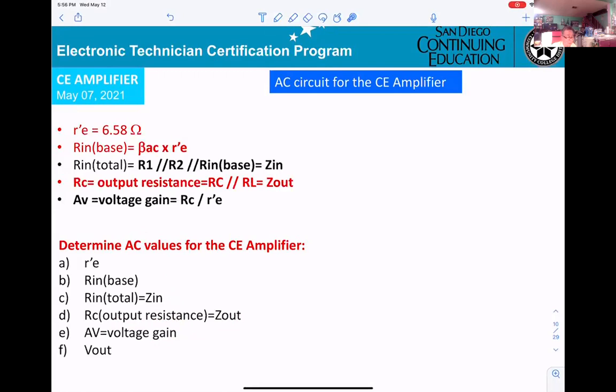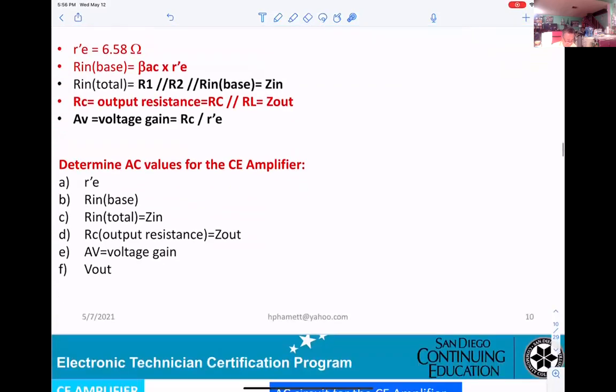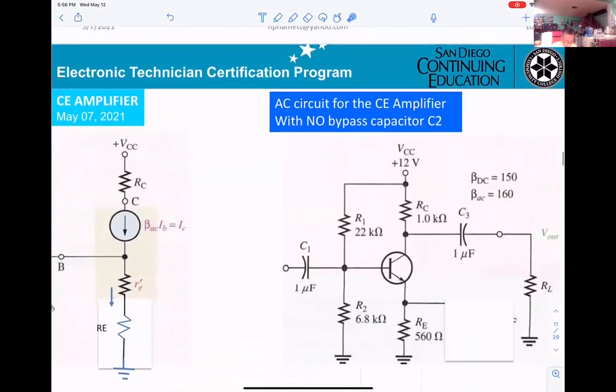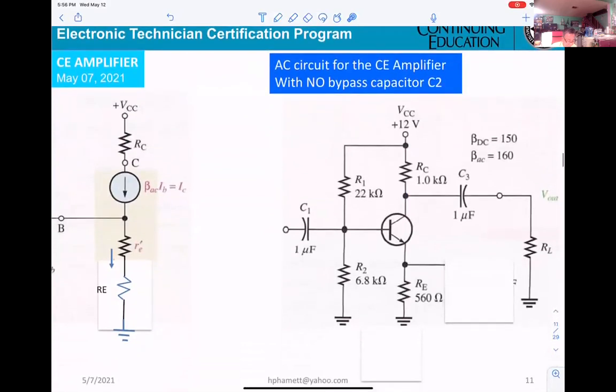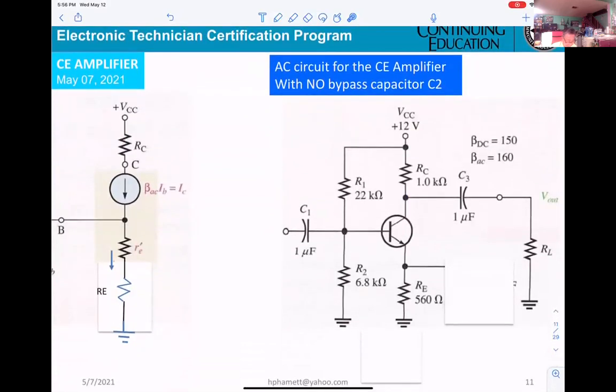All of those calculations are supposed to be no problem for you up to this point. So this one is just for the circuitry, CE amplifier with no bypass. You don't see any bypass here. I deleted that.